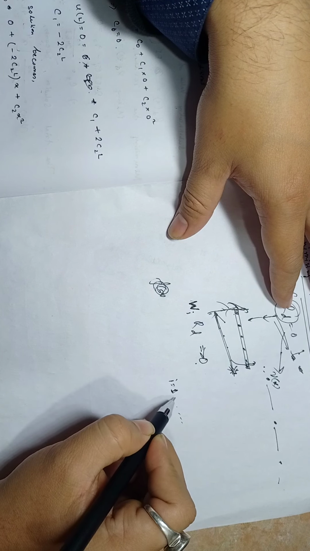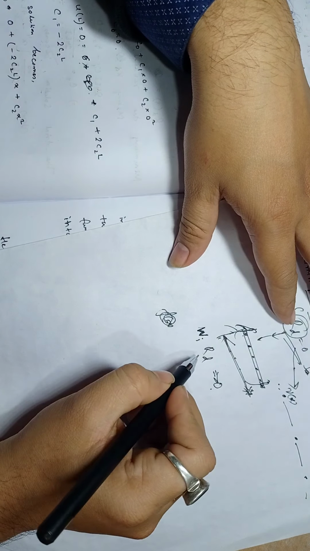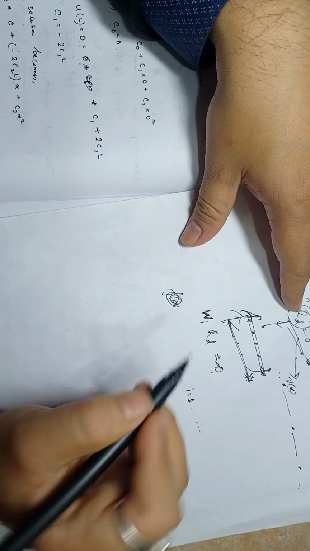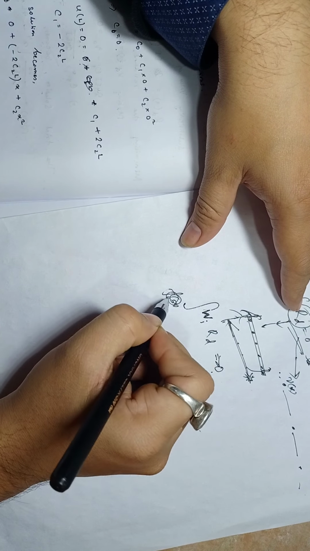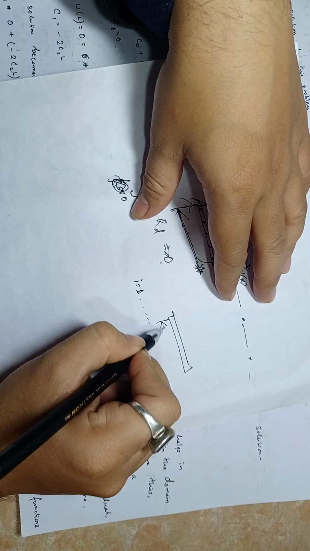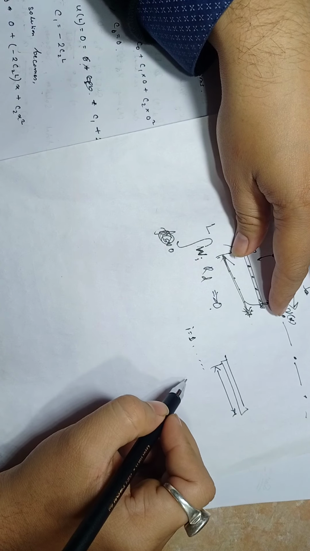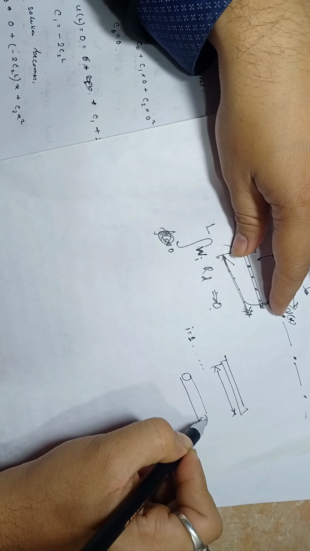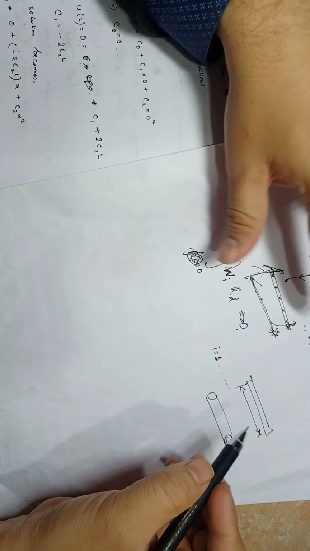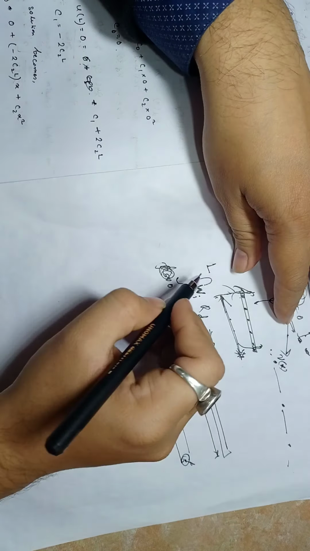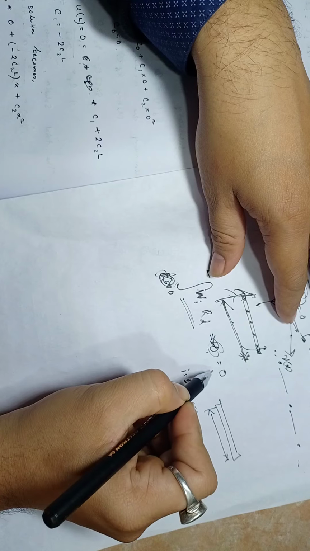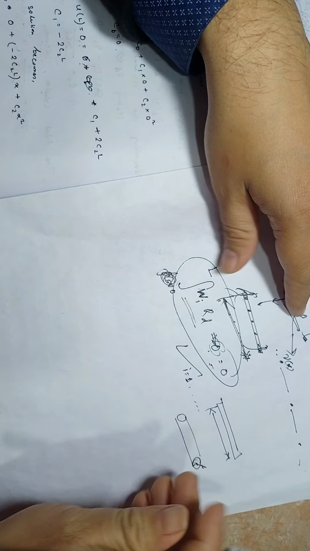If we take 2, this will be W1 into RD, then another one, W2 into RD, like that, and we integrate it over the entire span. So if the length is L, this will be L, and if it is, suppose, a diameter, from 0 to radius, something like that. Okay, so from the lower limit to the upper limit we integrate it, and we overall make this thing equal to 0. So this is called a weighted residual technique.